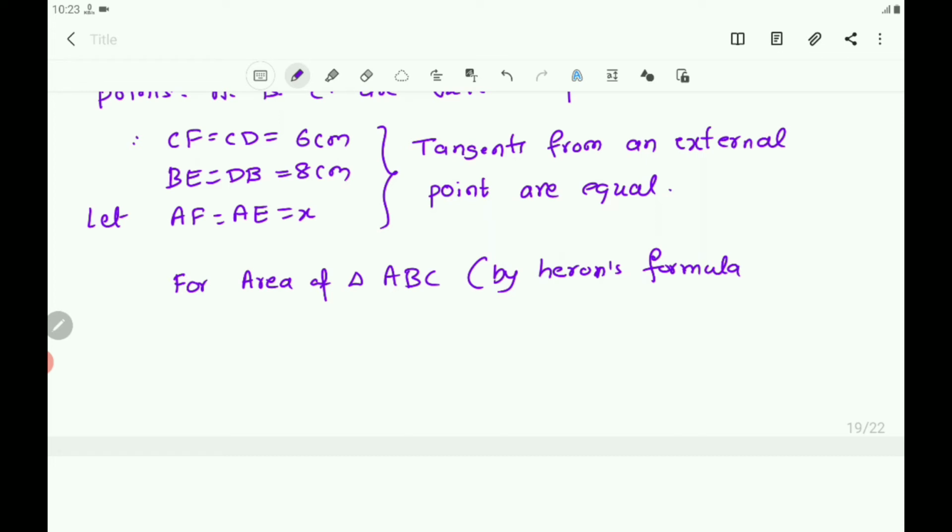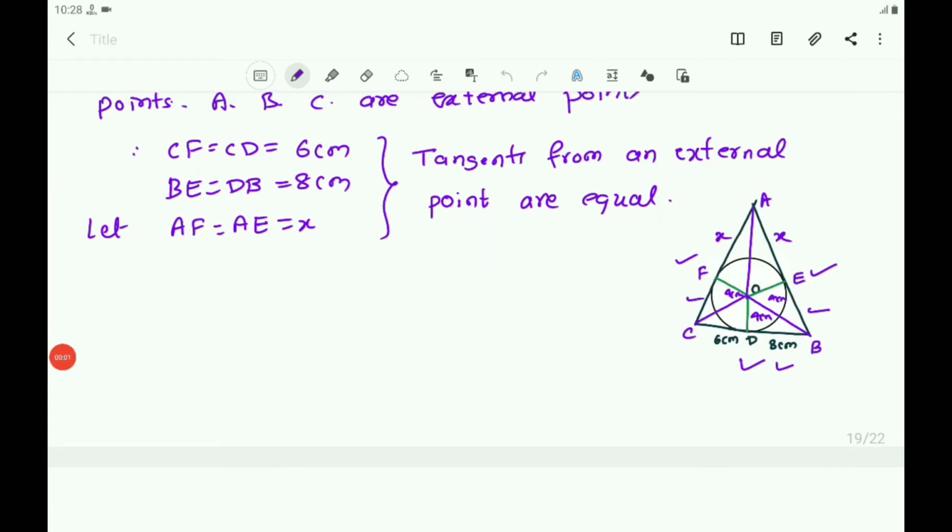You know, the area of the triangle A equals root of S into S minus A into S minus B into S minus C. Then S equals AB plus BC plus CA by 2.